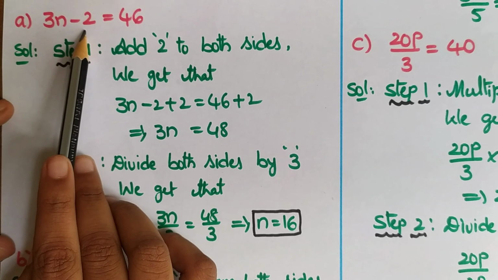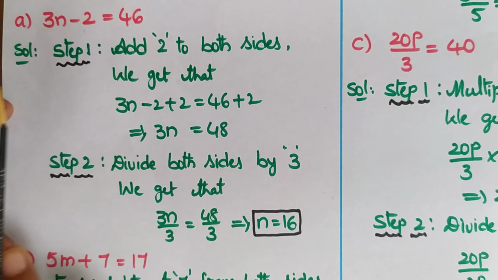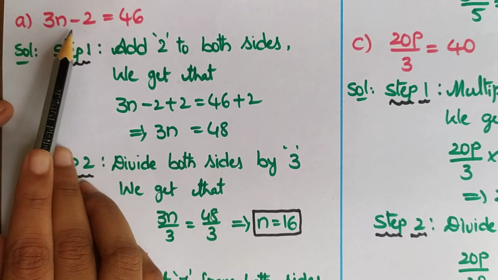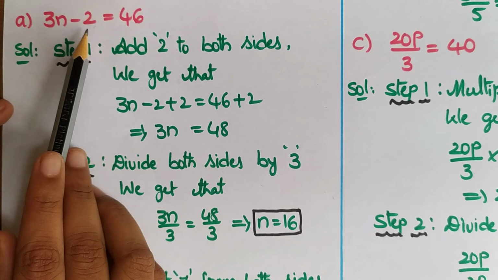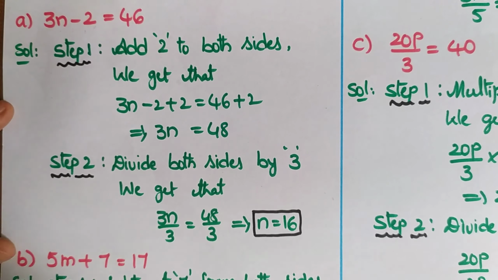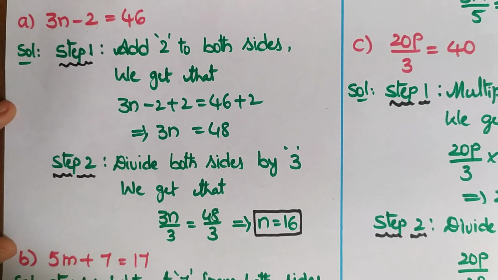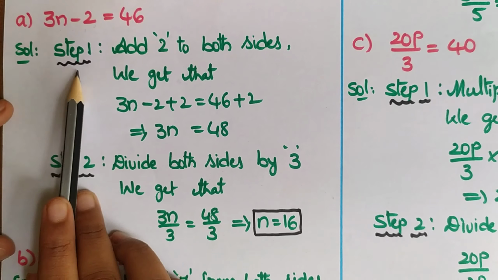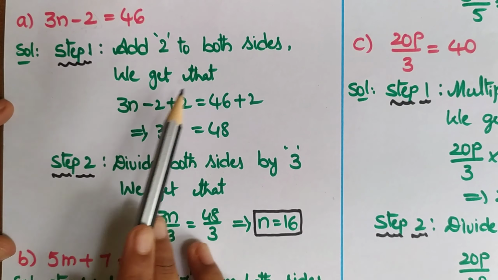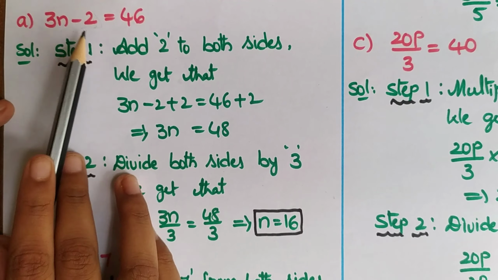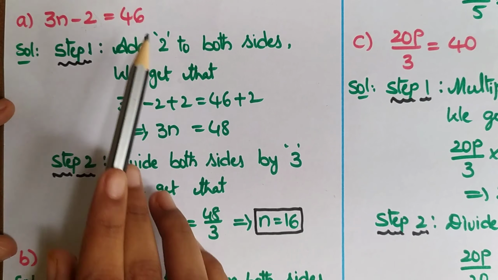3n minus 2 is equal to 46. Here step 1 is minus 2. Here it is subtraction. That means we have to do opposite to subtraction. Addition is opposite to subtraction. So step 1 is add 2. Add 2 to both sides. We get that 3n minus 2 plus 2 is equal to 46.